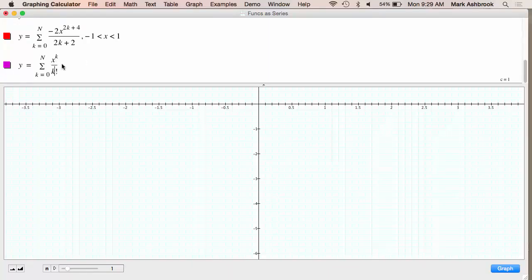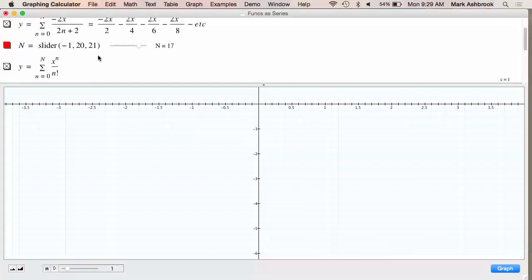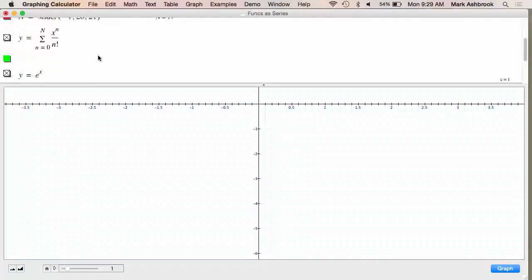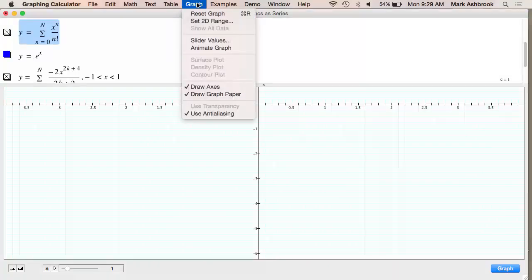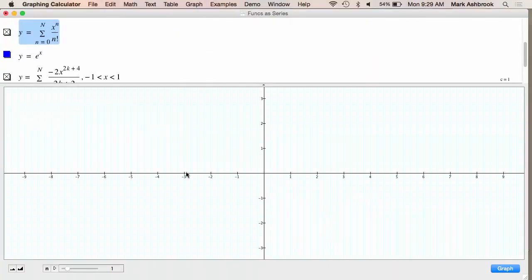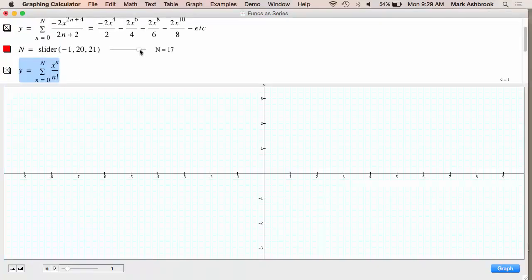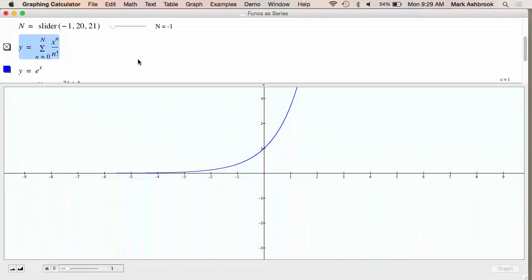Not quite. Make that one blue. Reset the graph. Okay, so here is e to the x. I got it in blue.